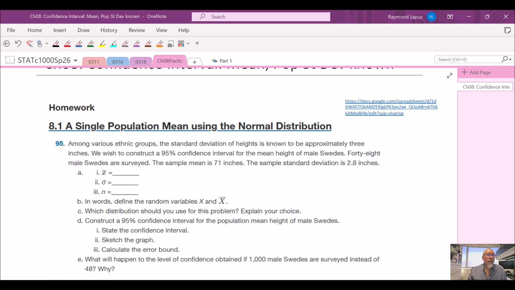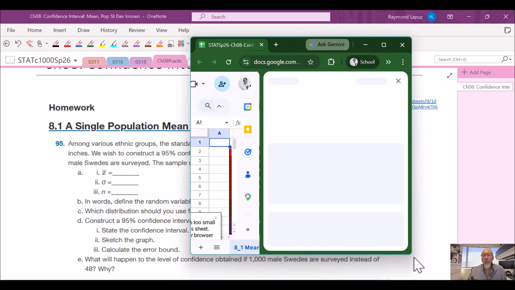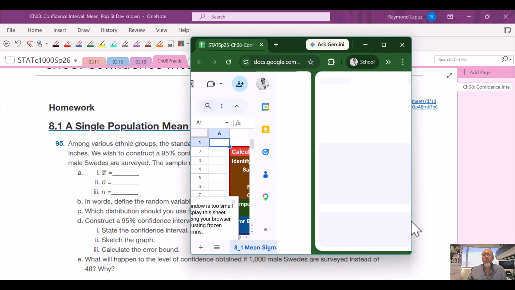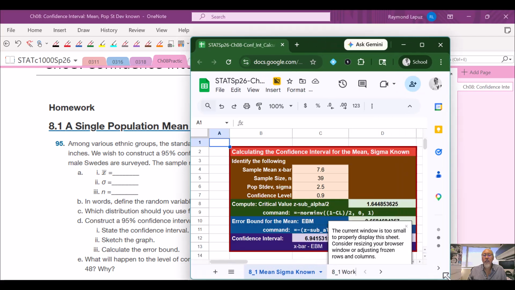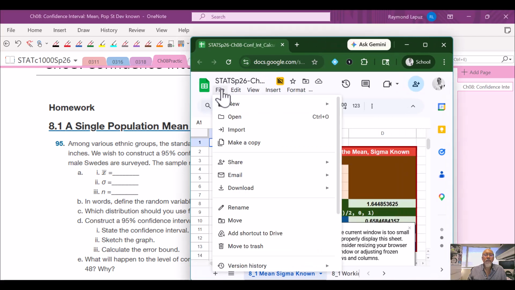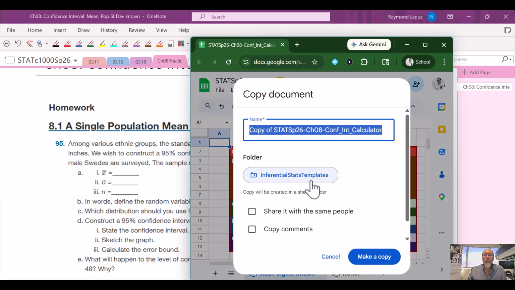Just a note about this template spreadsheet: when you click and open it up, you will have to copy this, save as. So you go, I think, make a copy, and then make a copy to save it into your Google Drive.